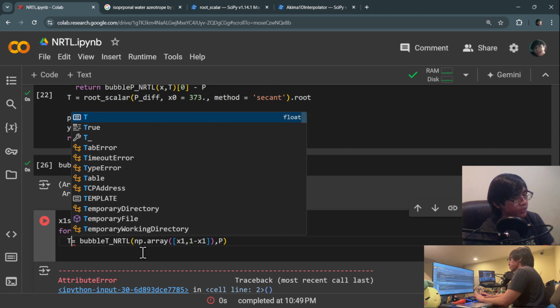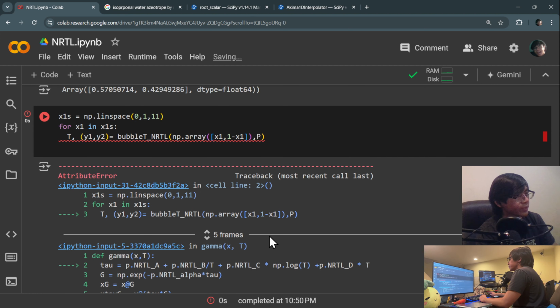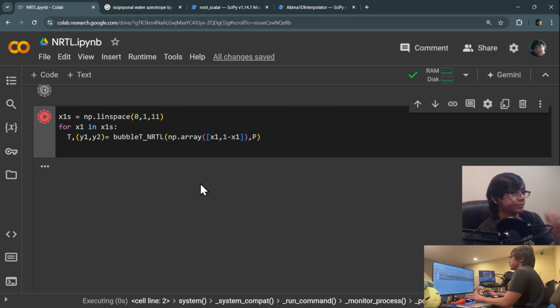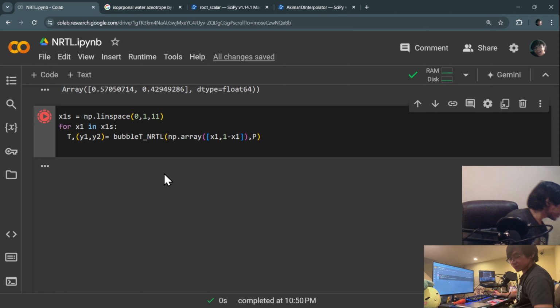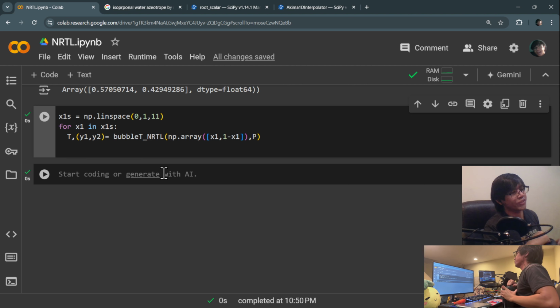We have our temperature, and I think we can do maybe a nested tuple, so y1 and y2. See if that works. Will it yell at me? Do I need a comma here? I already have a comma. Let me just run it all. Oh, okay, it works. I don't know why running it all just fixes that.